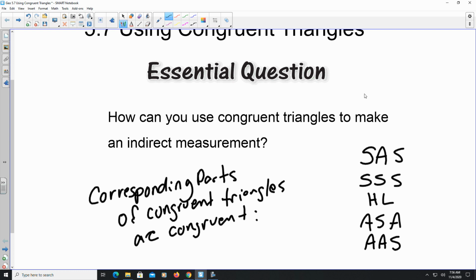And in short, we usually write it as CPCTC, okay? Corresponding parts of congruent triangles are congruent, all right? So that's the short version of it.